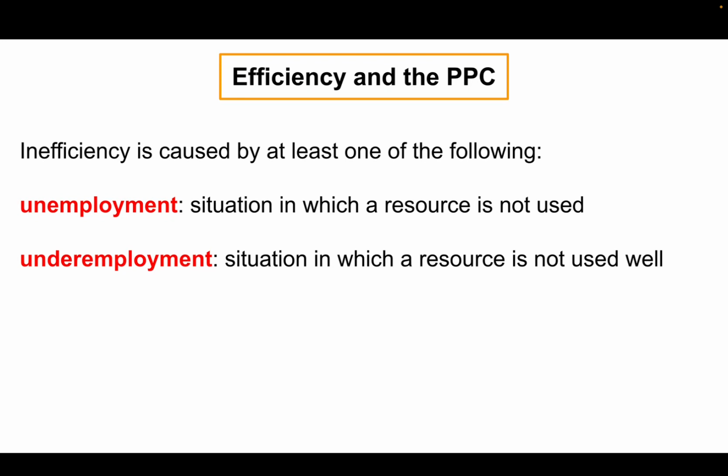So, in the previous example with the cookies, maybe you have a cookie oven that's malfunctioning. Maybe you have someone like me trying to make the cookies who has no idea what he's doing, or you burn the cookies and you have to throw out a batch. So unemployment is when a resource is not being used at all, and underemployment is when a resource is not being used as well as it could be. And so those are two ways that you get inefficiency.